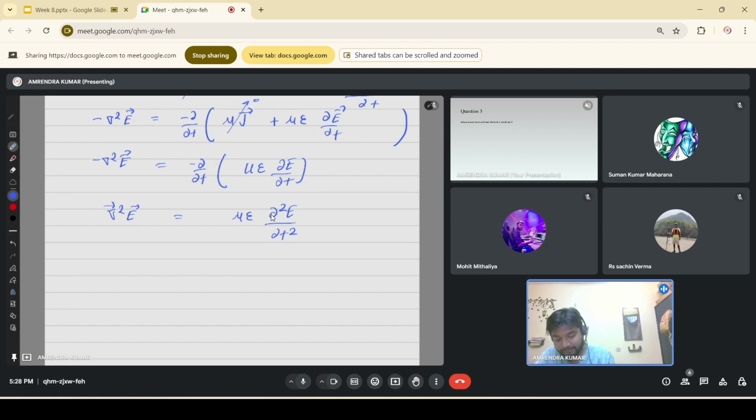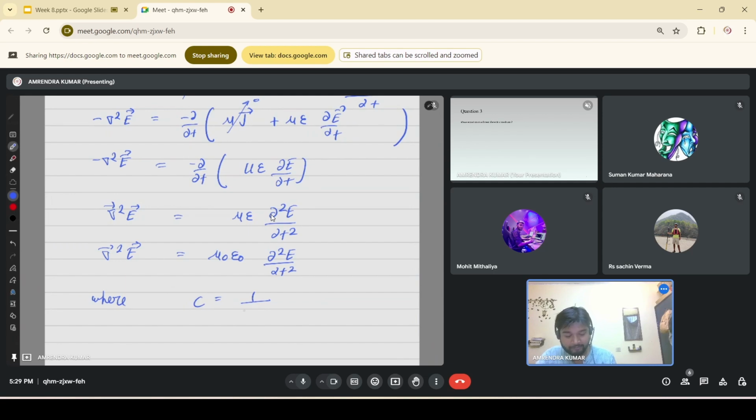Now, if you compare this with the wave equation in a vacuum, you have mu 0 epsilon 0 del square E over del t square, where we know that mu 0 epsilon 0 in the denominator gives the velocity, the light velocity c square.